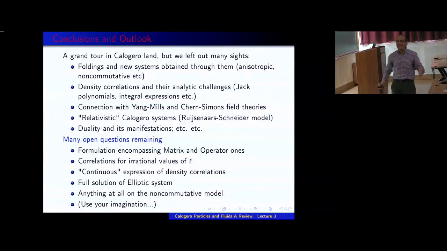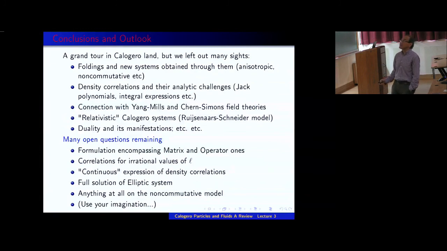So what we did in those 3 lectures was a grand tour in Calogero land. We did leave out many things. I didn't tell you about leaf foldings and the interesting new systems that they produce. I didn't talk about the interesting topic of density correlations and their analytic challenges where Jack polynomials enter, etc. I didn't talk about the connection with two-dimensional Yang-Mills or three-dimensional Chern-Simons field theories.